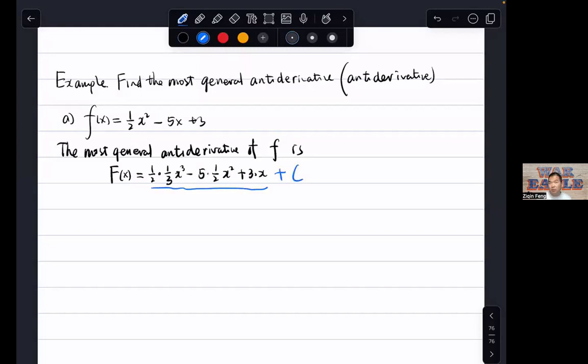The sum rule, difference rule, and constant multiple rule still work in this case. Just take the antiderivative term by term. If you want to simplify, this is 1/6 x cubed minus 5/2 x squared plus 3x plus a constant.